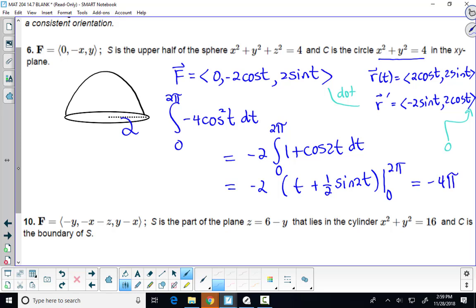Why is that? What does your question mean? Like, why is it negative, in terms of the vector, conceptually? Yeah. So we're looking at tangential components going around this boundary. We're going counterclockwise around this boundary, so the tangential components are going the opposite direction.